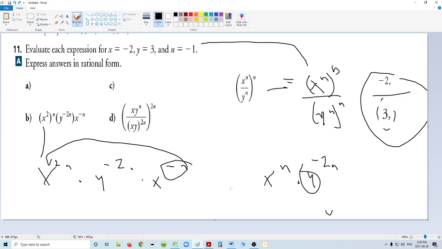You can just say, now I know that x is -2 to the -1, and y is 3 to the -2 times -1, which is 3 to the 2, which becomes 9, over -2, which becomes -9 over 2. Might have made a mistake there, but that's the idea anyway. And here you can expand it.